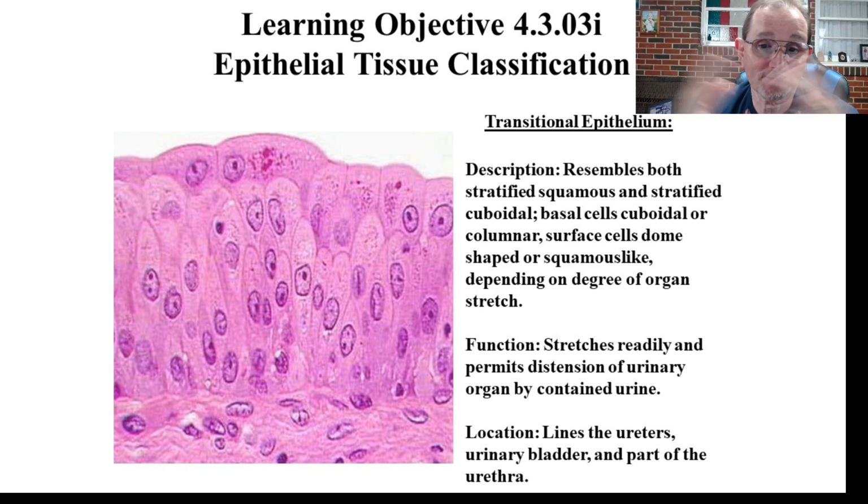Where do we have this? Your bladder. As the bladder fills up, it gets bigger. It's kind of flattened if you have no urine in it, but as it fills up it's going to get bigger, and these are the guys that permit that stretching. The ureters, the urinary bladder, parts of the urethra.